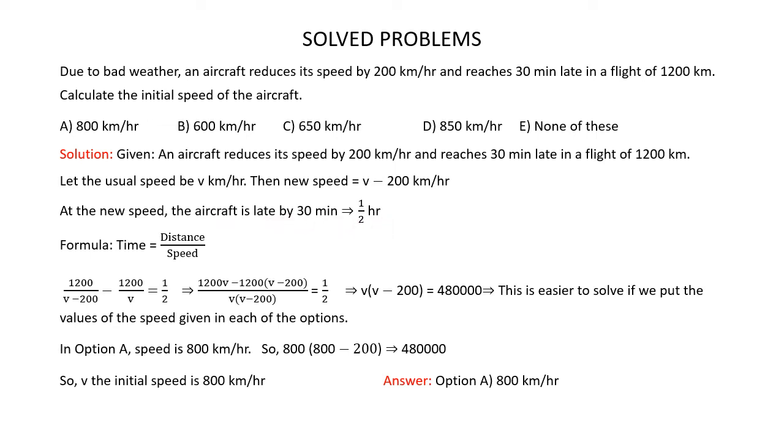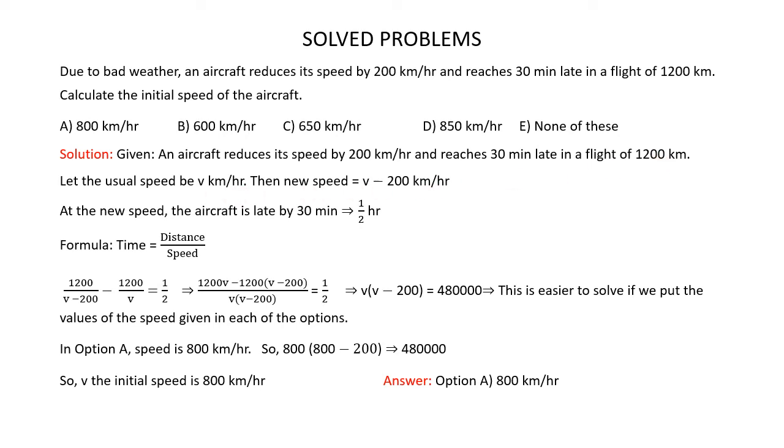We know that the formula for time is distance divided by speed. Here the distance is the same. D is 1200 kilometers. In the first instance where the initial speed is v kilometers per hour and distance is 1200 kilometers, time is equal to 1200 divided by v.